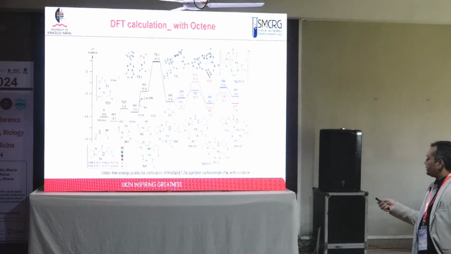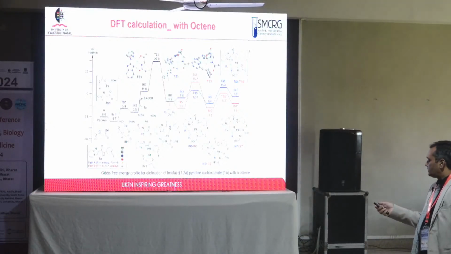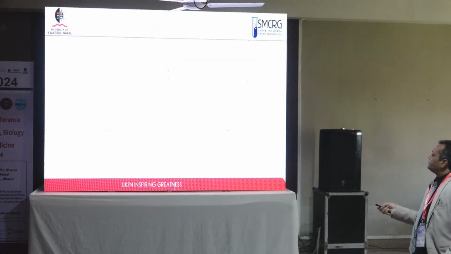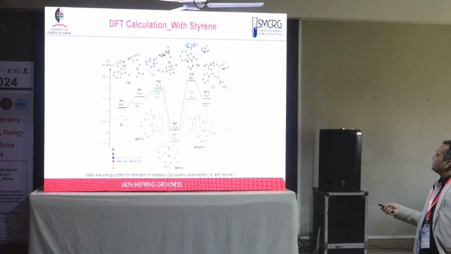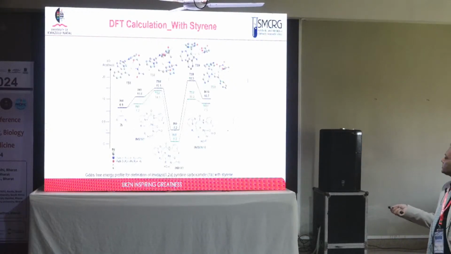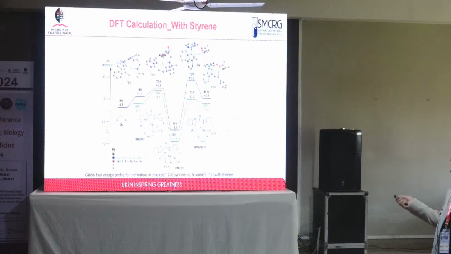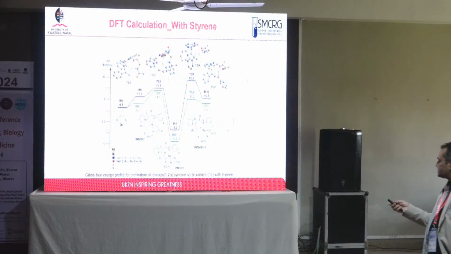In the case of styrene, the formation was mostly linear. Formation was more favored to the linear, and this is what it showed here. The transition state difference was 1 kilocalorie.